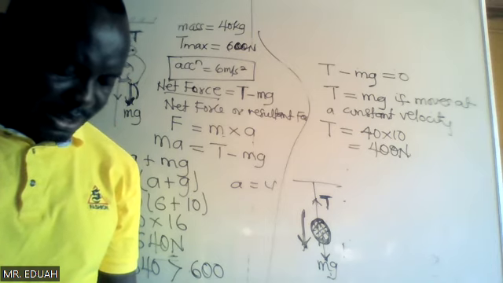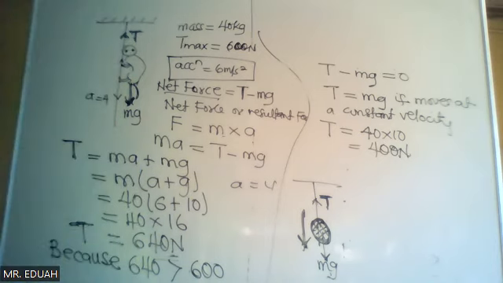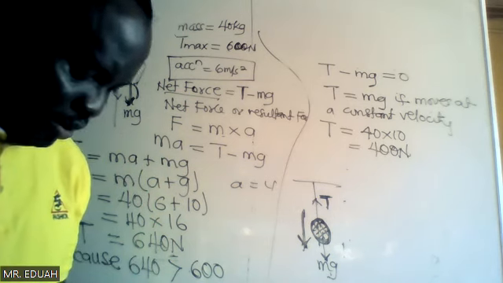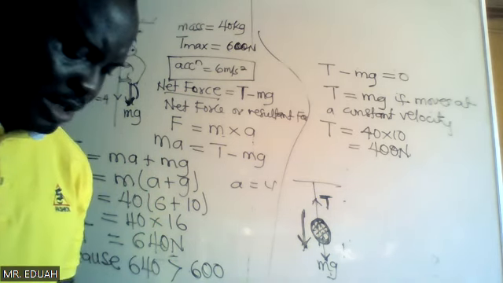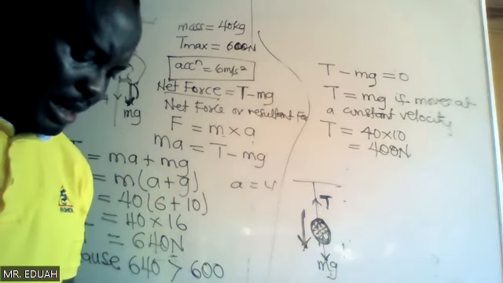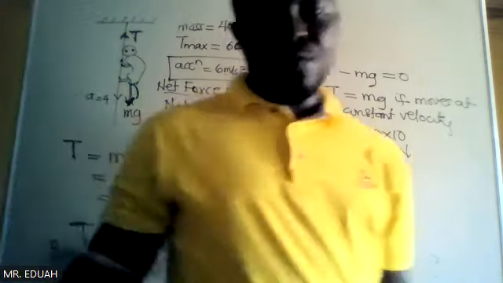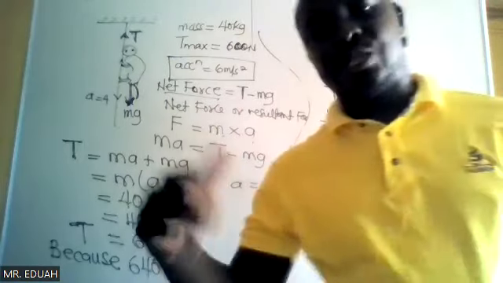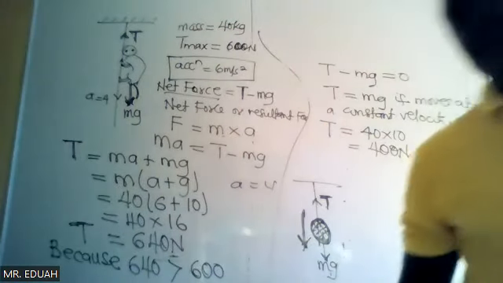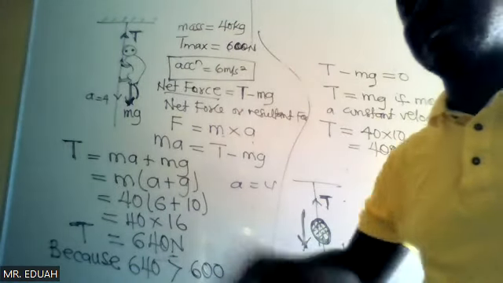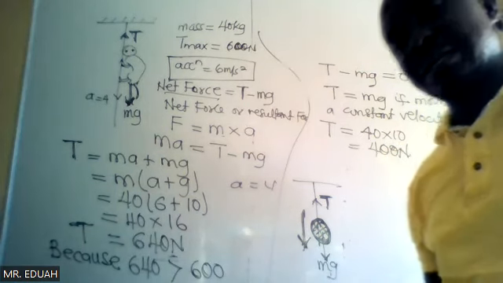The last question is: what happens if the monkey falls down the rope nearly freely under gravity? Even with this particular situation, if we don't even calculate, we can determine what will happen.